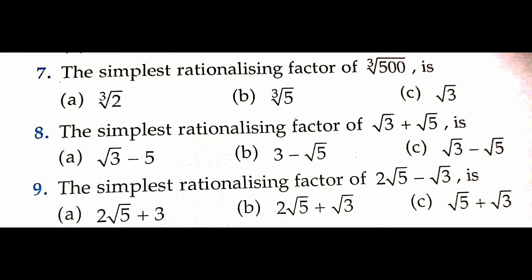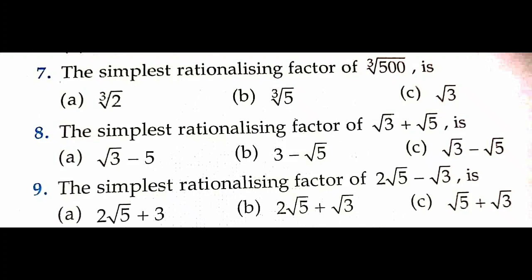That is, 5 is there 3 times, but 2 is only there 2 times. For finding the cube root, we must have the same number how many times? 3 times. It means cube root 2 is the simplest rationalizing factor for the given number. So the right answer is A, that is cube root 2.